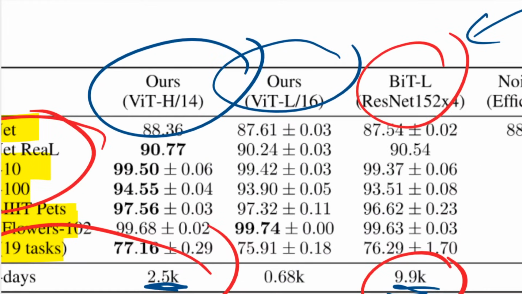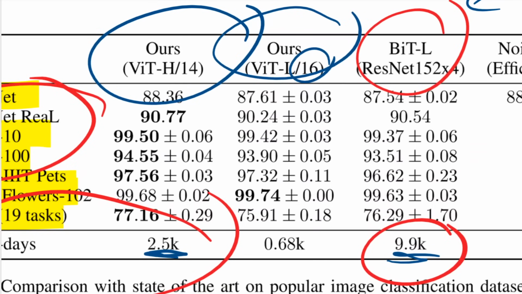Here you see, of course, if you go 16 by 16 patches, that means if you divide your image into patches that are themselves bigger, your sequence of patches will become smaller and therefore you're computationally more efficient.